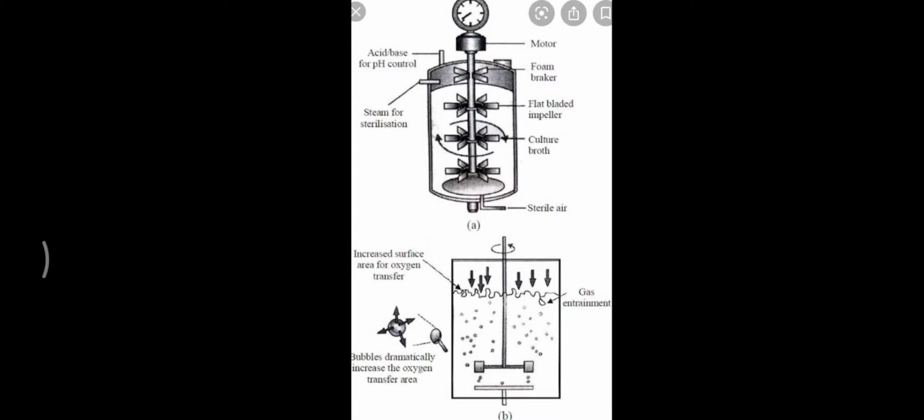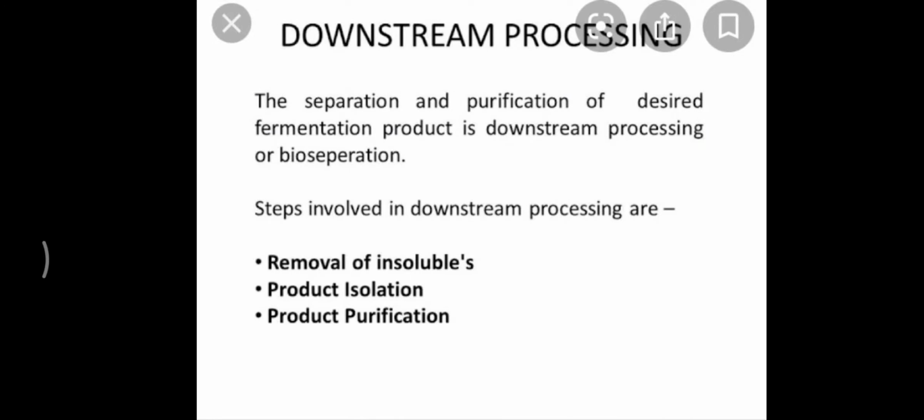Okay, so this is how the products are extracted by using the bioreactors, and after the products are obtained they undergo the last thing, that is the processing of that product, so that it is ready for marketing to be sold in the market, and that is why this is categorized under the downstream process.